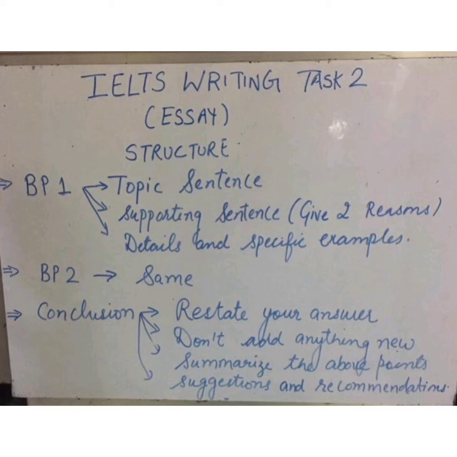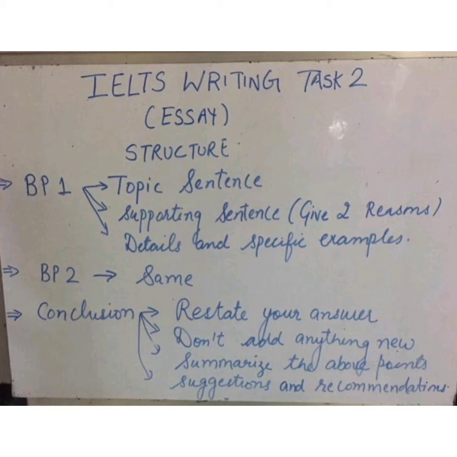Then after the topic sentence, there will be supporting ideas. Now what merits are there if the industries would be shifted to the outskirts? You have to write the points. Here, I would like to say one thing: rather than writing more points, it is always recommended to write fewer points but explain them thoroughly.